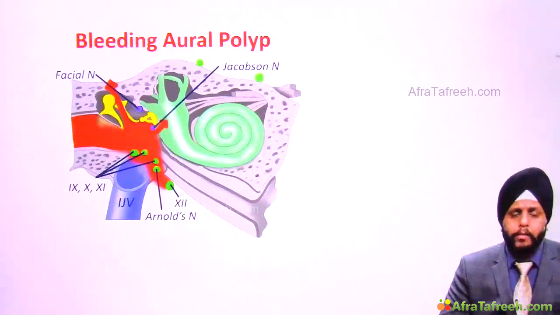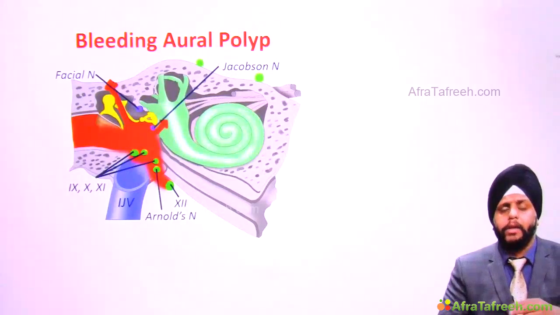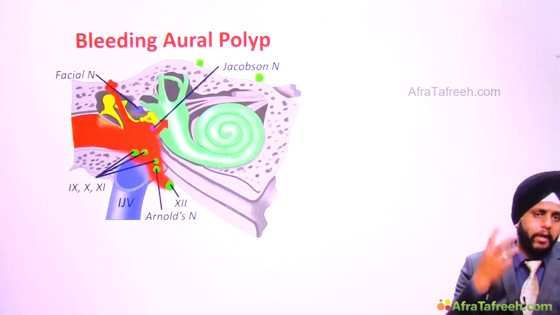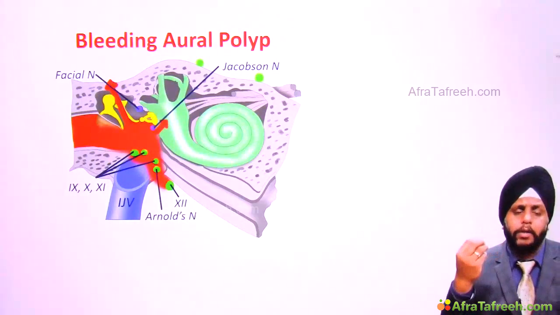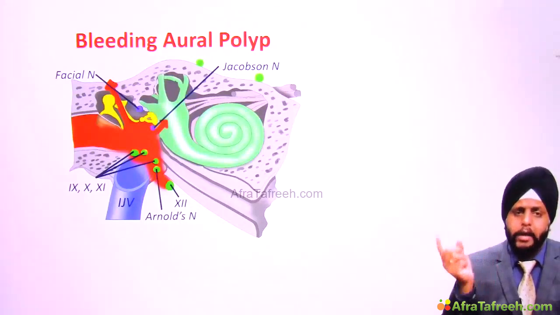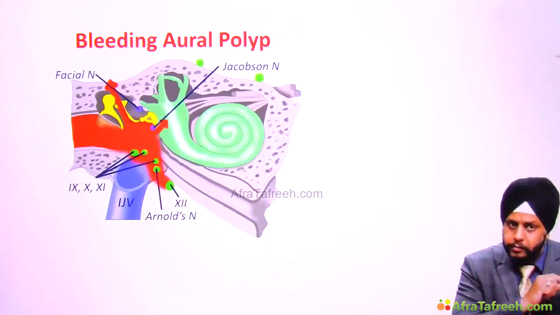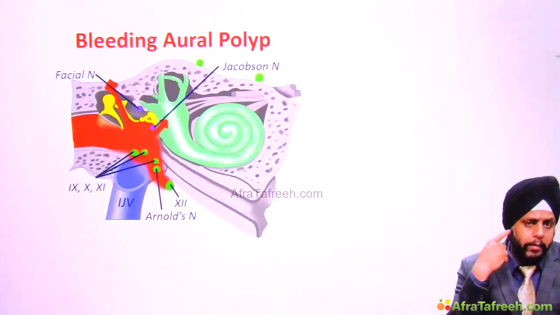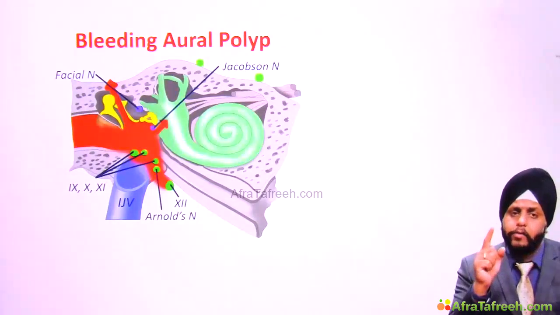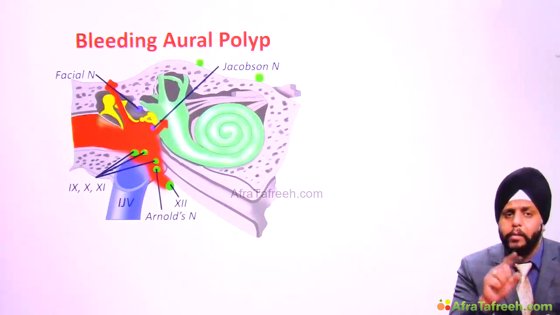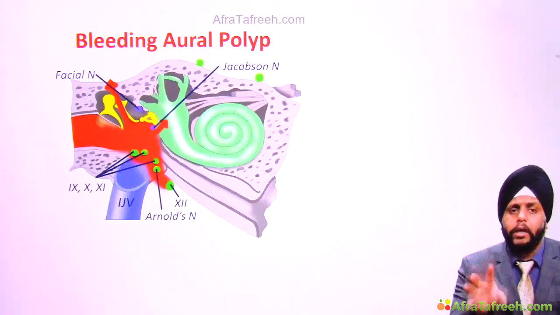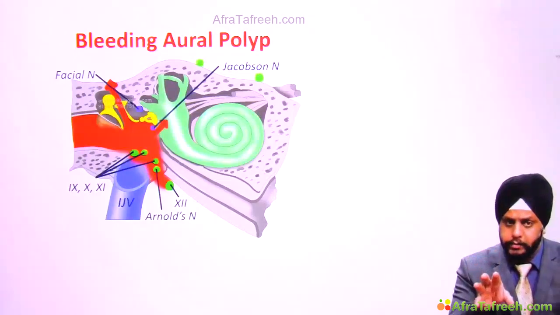Now, sometimes we can even have a bleeding ear polyp. The patient presents to us with a polyp coming out in the EAC and a history of bleeding. Remember, if a patient comes to you with a polyp in the EAC and a history of bleeding, never attempt a biopsy before doing a radiological investigation.